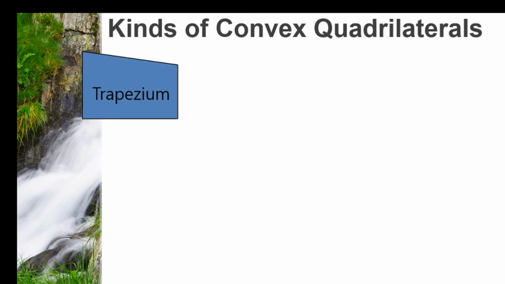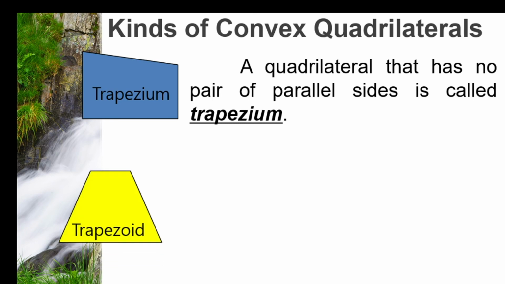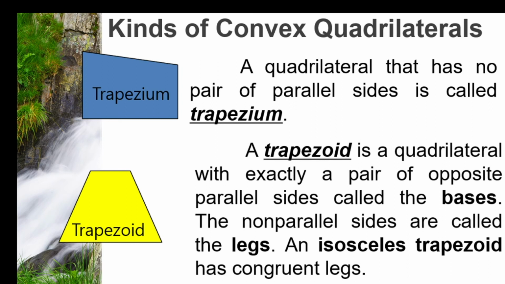So first, we have a trapezium. A trapezium is a quadrilateral that has no pair of parallel sides. Next is a trapezoid. A trapezoid is a quadrilateral with exactly a pair of opposite parallel sides called the bases.